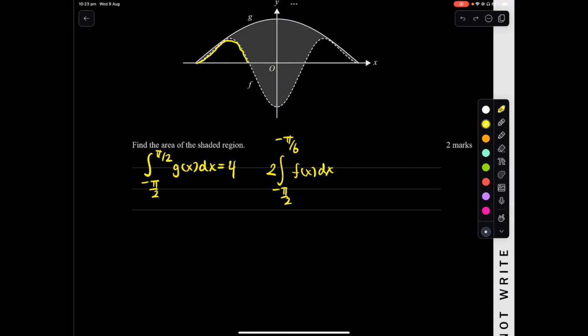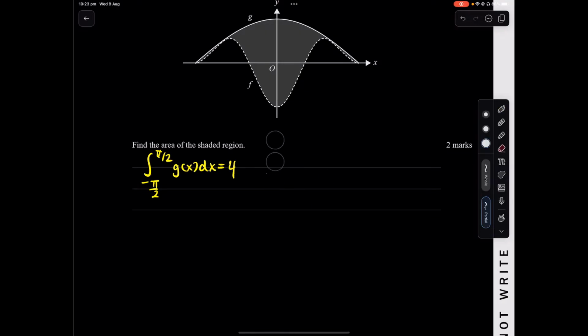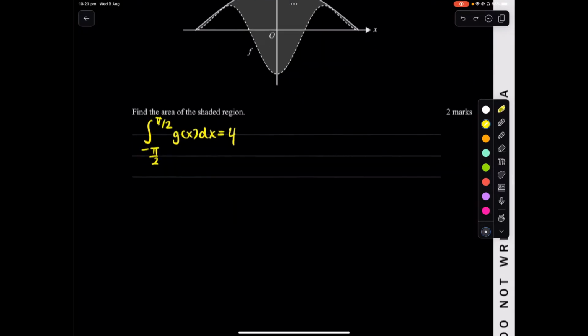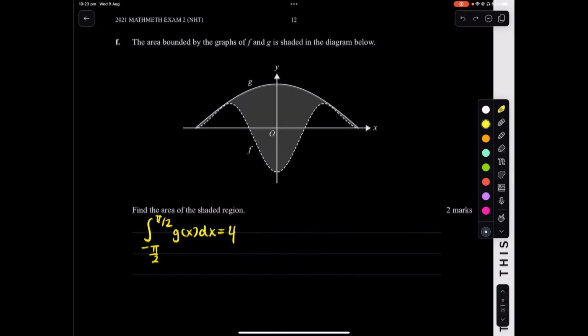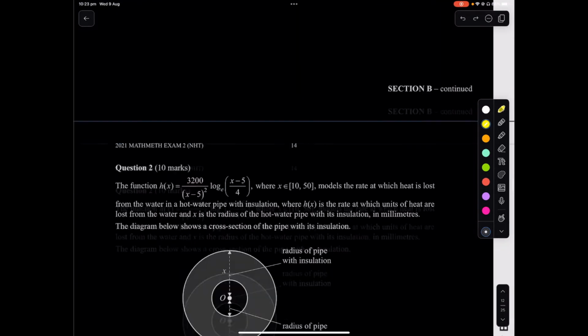So wouldn't it just be 4? Because I was going to take the area of the whole thing, but they've minus this, and it's still added again back here, so it's just 4. Yeah, that was such a tricky question, I don't know if it's tricky, but yeah, 4.